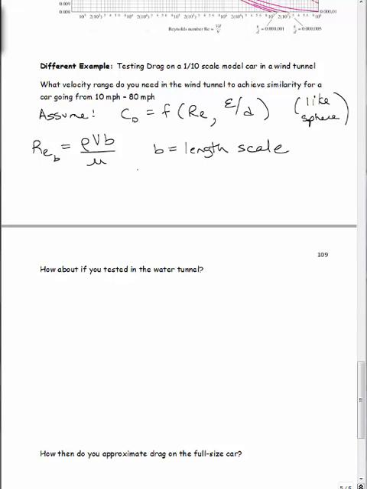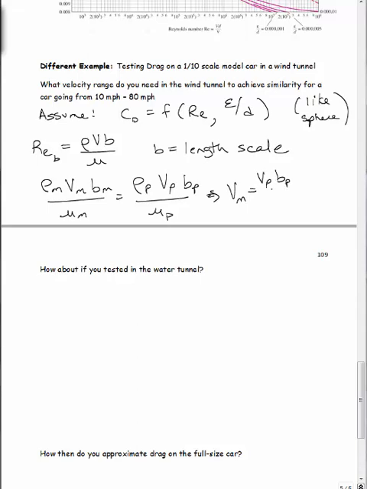Okay, so we say the Reynolds number for the model is equal to the Reynolds number for the prototype. So rho model, V model, B model over mu model equals rho prototype, V prototype, B prototype over mu prototype. So VM equals VP, BP over BM, because these are going to be run in the same fluid, so the rho and mu cancel out.